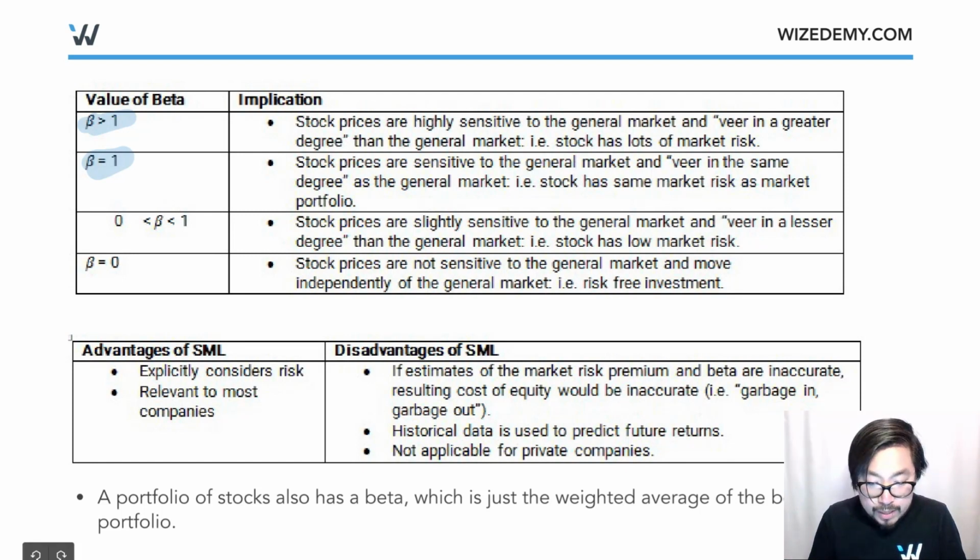And when the beta is in between 0 and 1, then the stock has less sensitivity to the general market conditions than the market portfolio itself. And finally, when beta is 0, the security or the asset has no market risk. In this case, the security or the asset is risk-free and should be compensated with the risk-free rate.